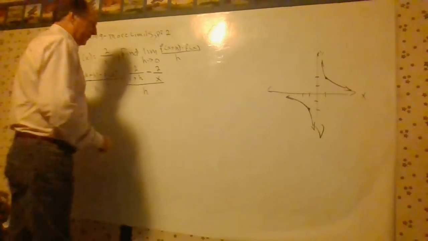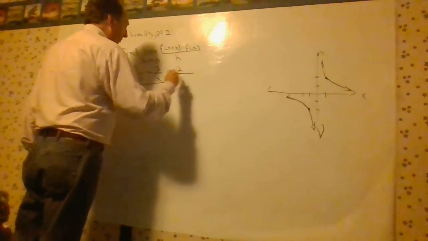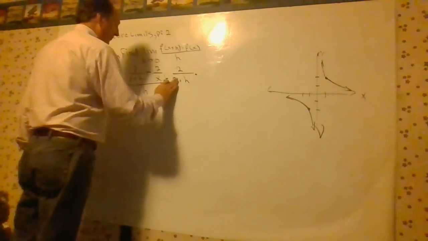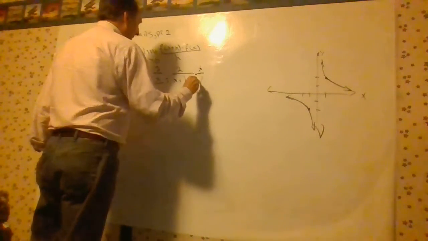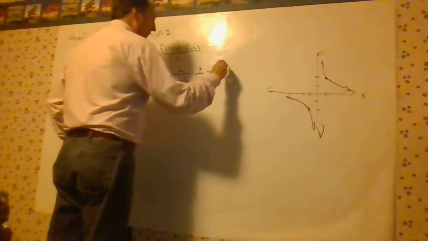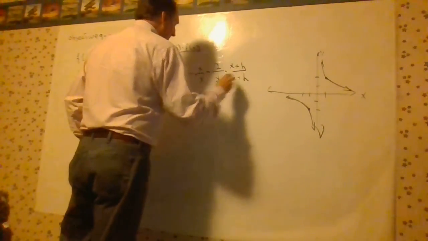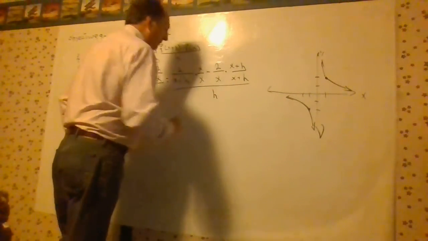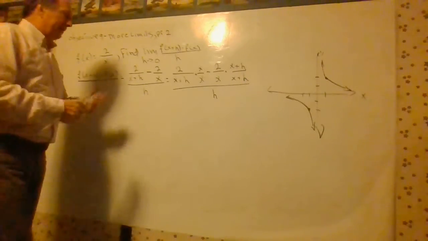Well, what we do is this: 2 over x plus h times x over x, minus 2 over x times x plus h over x plus h, over h. That'll give us an LCD.